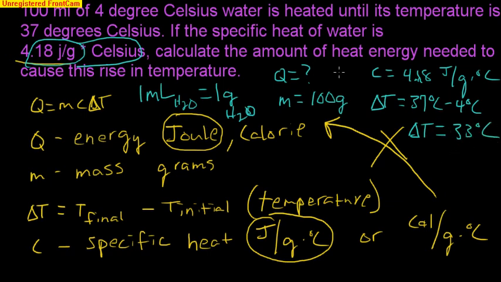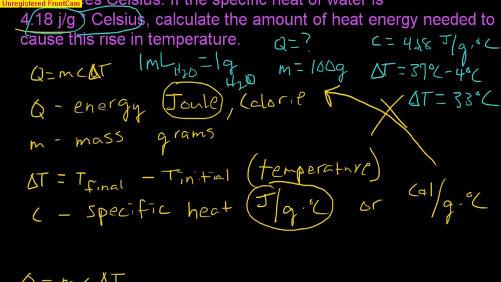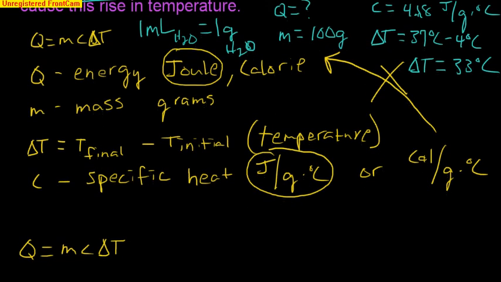So now let's just take these and plug them into our formula. So let's scroll down just a little bit here so we can see what's going on. Okay, so I'm going to switch back to my yellow. I know that I'm looking for Q, so I'm just going to write the formula out horizontally like this. So mass was 100 grams, so I'm putting in the 100 grams of water.